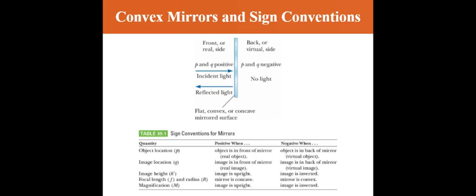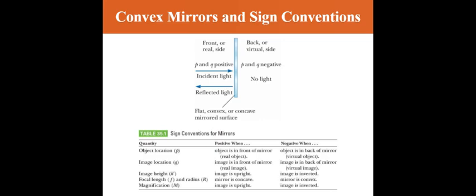Now, the mirror equation that we've seen for the concave mirror is the same for the convex one. You just have to be careful about the signs on p and q and f. So overall, the object being in the real physical world means that the object distance p is positive.